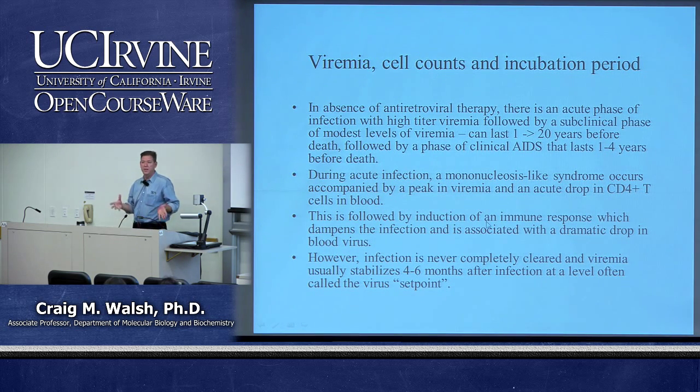We always think about the immune system being shut off by HIV, but in fact that's not true. Part of the reason you have this variable 1 to 20 year asymptomatic stage is that the immune system is actually able to control this infection and maintain levels of virus at low levels so that the immune system is still functional.